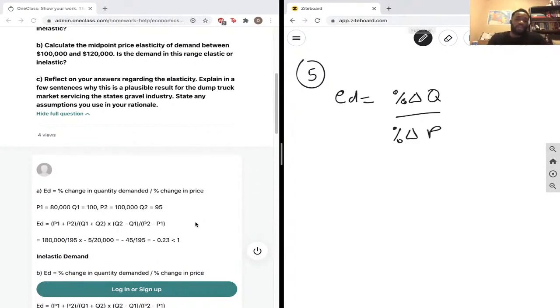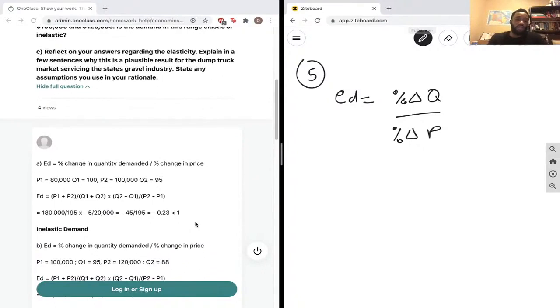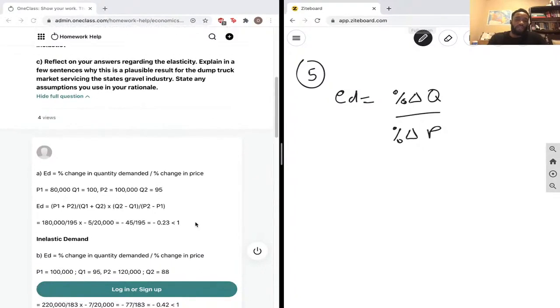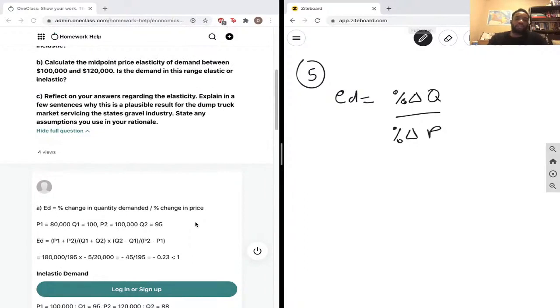Quantity demanded is still changing, but at a very low rate. Let's go over what elastic, unit elastic, and inelastic demand are.